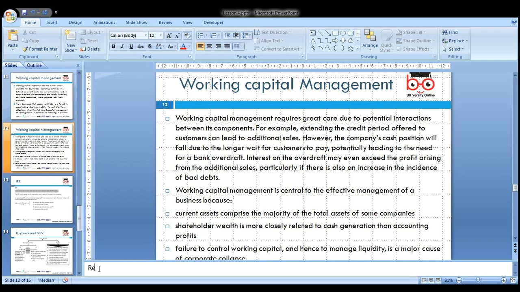So in business, when we calculate the ratios, we calculate the receivable days, how many days it takes to receive money from your customers, plus inventory turnover days, how many days your inventory takes to change into finished goods and be sold, minus trade payable days.